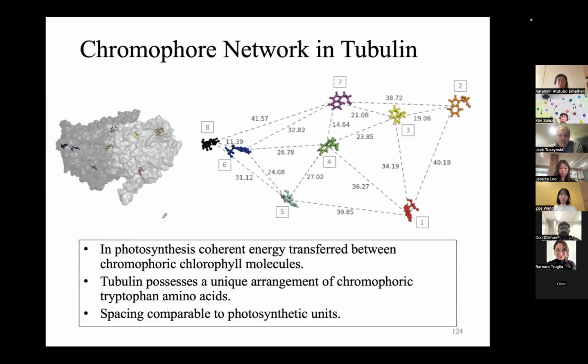And this is very similar. I've shown you a similar representation for the FMO system.